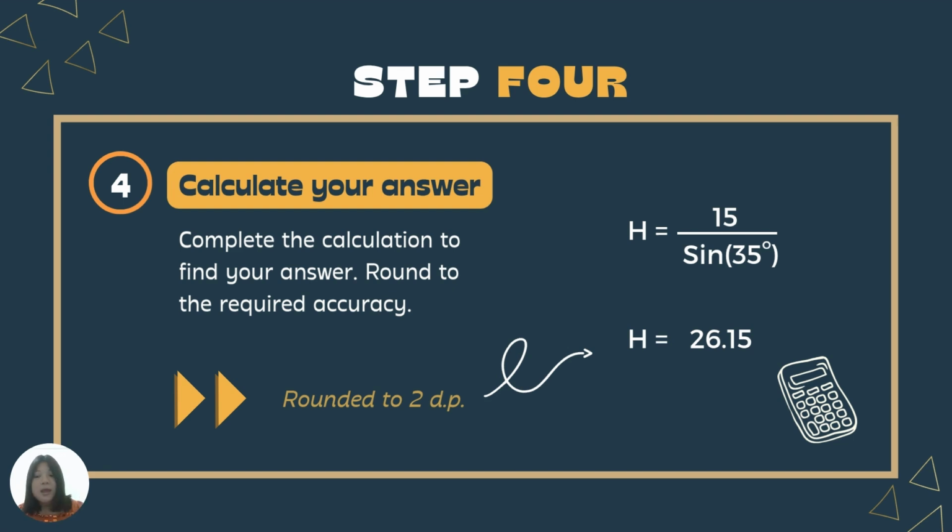So h equals 15 over 0.574, which is about 26.15. Rounded to two decimal places, the hypotenuse is 26.15 units.